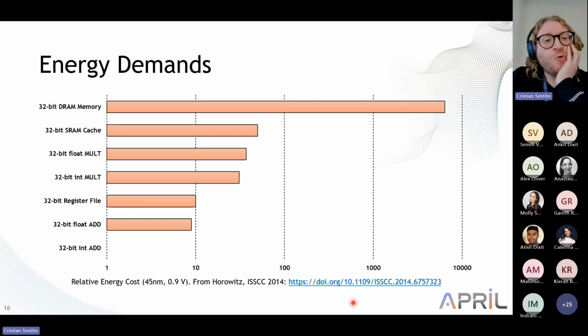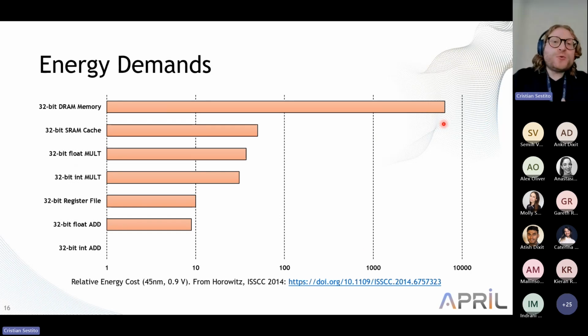In particular, you may see that a simple 32-bit integer addition has a huge difference in terms of relative energy cost with a 32-bit DRAM memory access. The DRAM is the external memory that keeps your information in order to be processed later by your core. As you can see, the difference between the addition and the DRAM access is higher than 1,000 times in terms of relative energy cost.